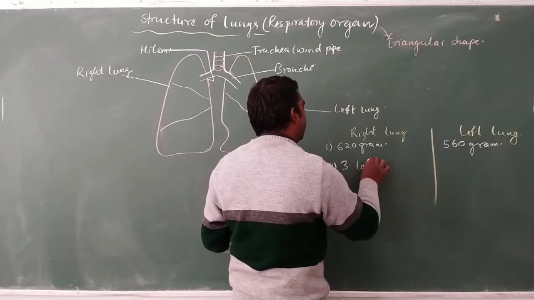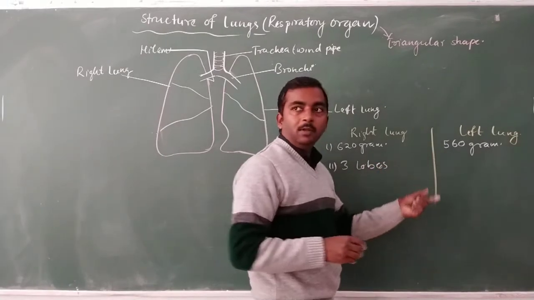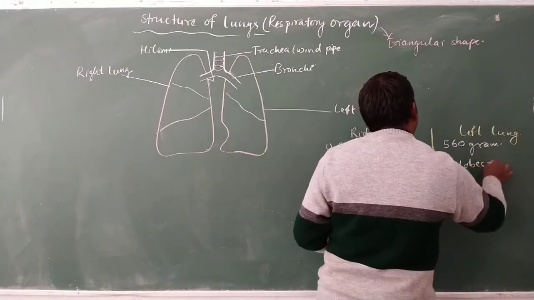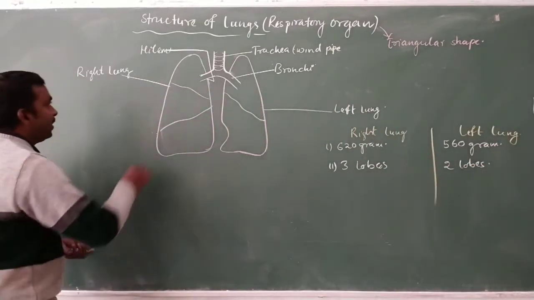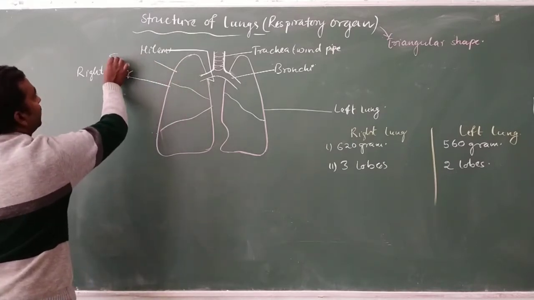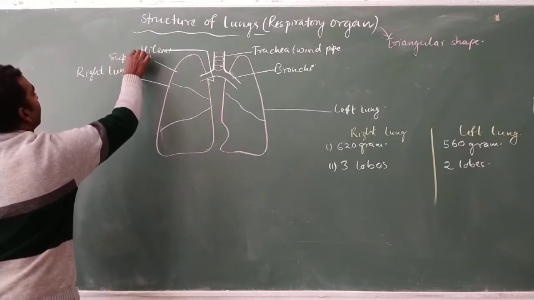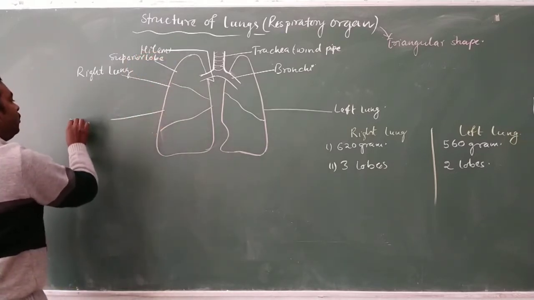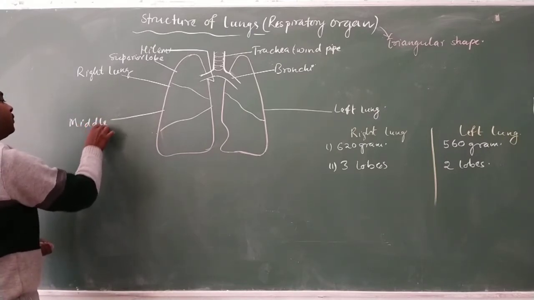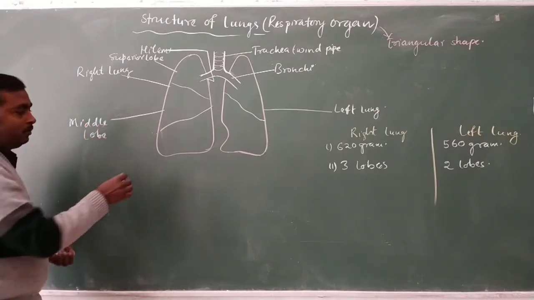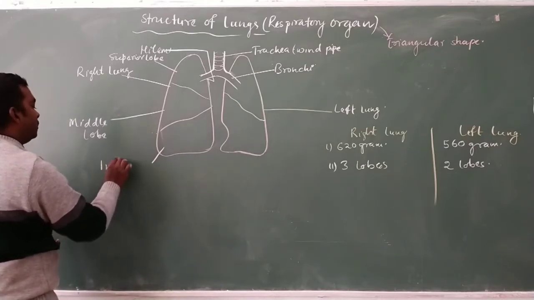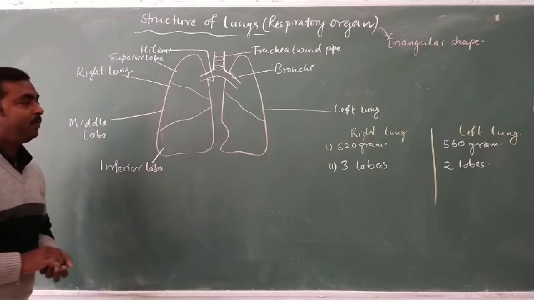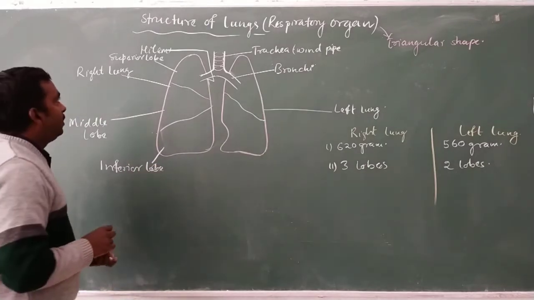These lobes are categorized as the superior lobe, the middle lobe, and the lower one known as the inferior lobe. In this way, three lobes are found in the right lung.